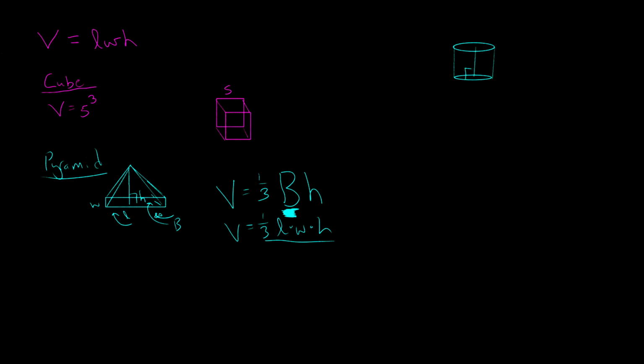The sides are straight. There are two equal circles at either end. The volume of this cylinder is the area of the circle multiplied by the height. The area of the circle is pi r squared, and so pi r squared times h gives me the volume.